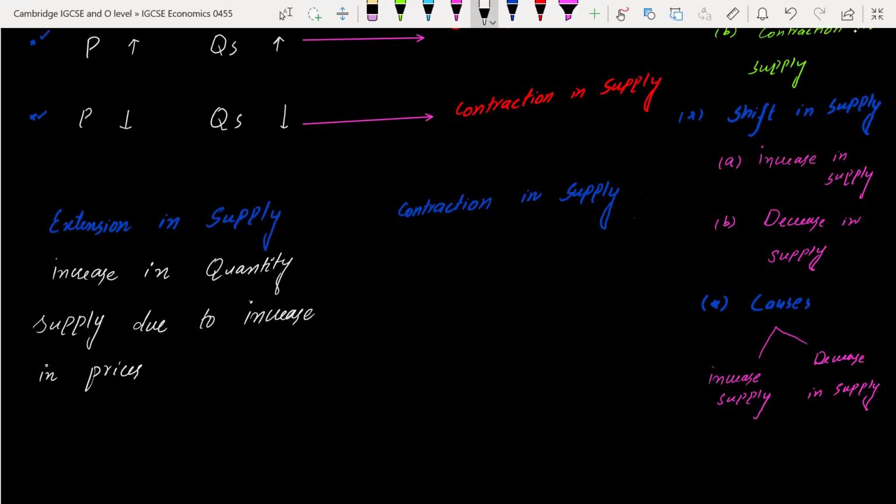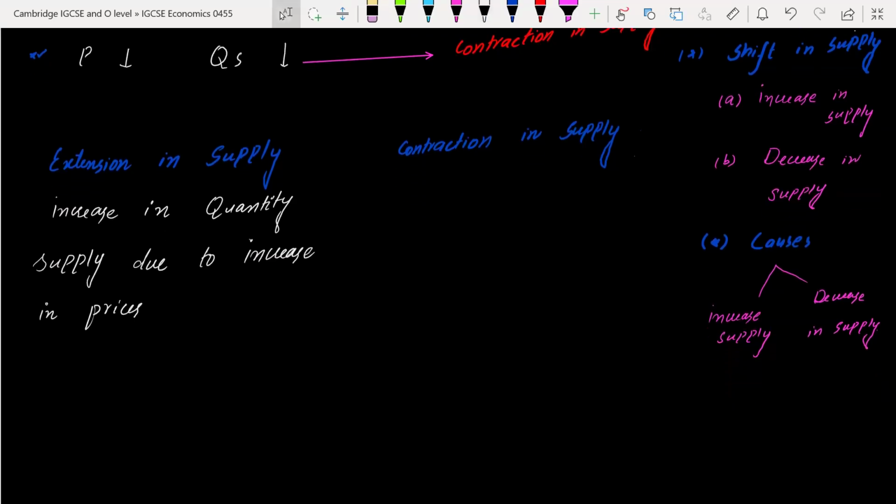Next we will study that supply can also increase, but not due to price, due to non-price factors. We will not call that extension in supply. So extension in supply means increase in quantity supplied due to increase in price.